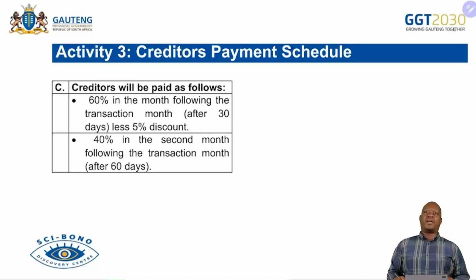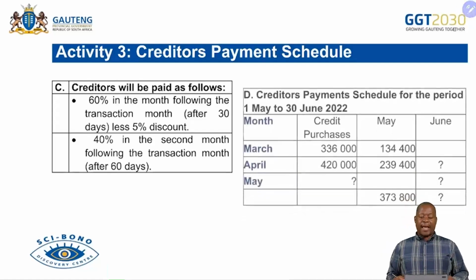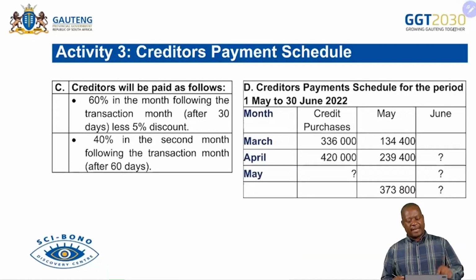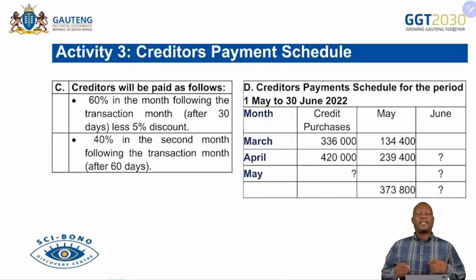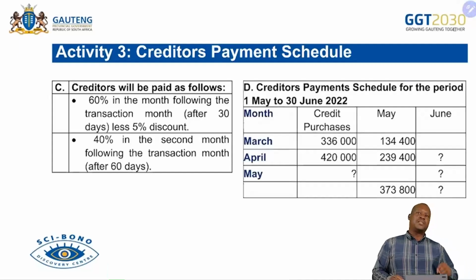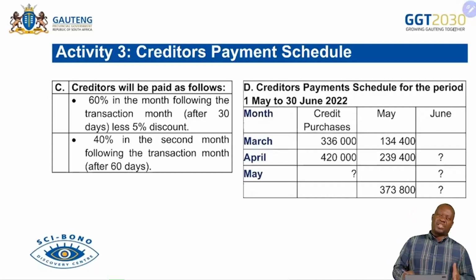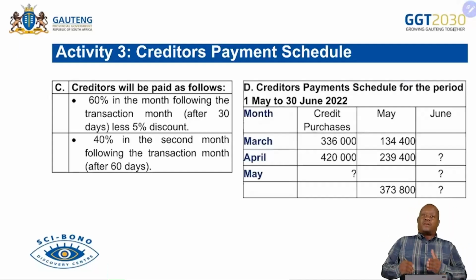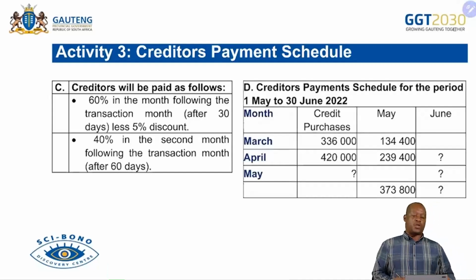And then 40% in the second month following the transaction month. So if we purchase in January, 60% we pay in February and the 40% we pay in March. We skip a month in between before we pay the 40%.